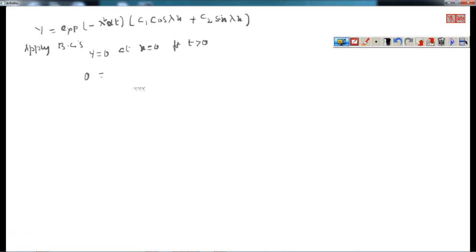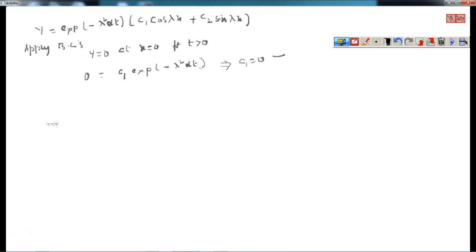Therefore this is equal to c1 exponent to the power of minus lambda square alpha t, right? Since time is greater than 0, the exponent cannot be 0, therefore c1 is equal to 0, right? This is the first boundary condition.